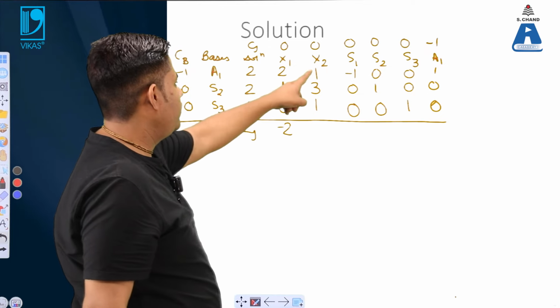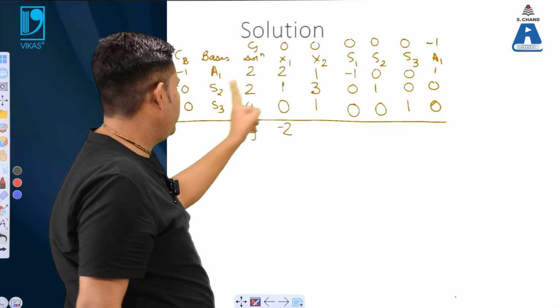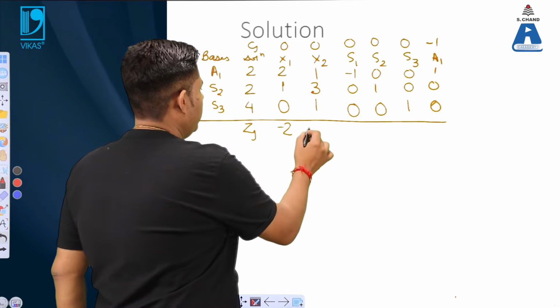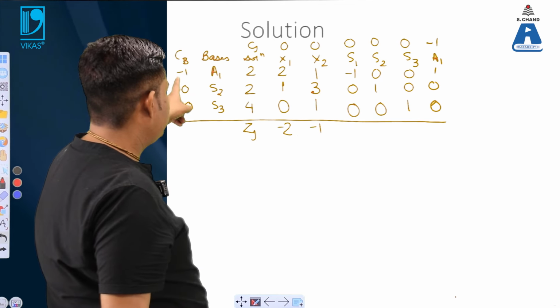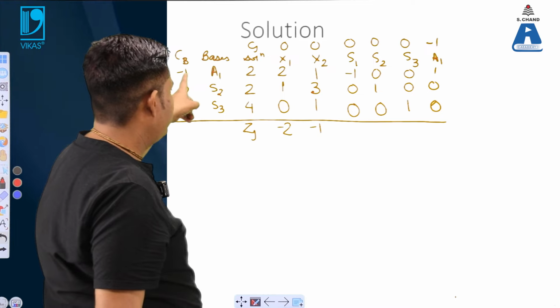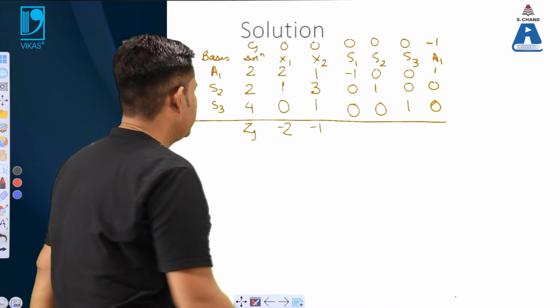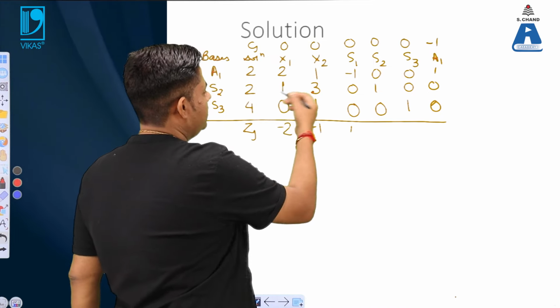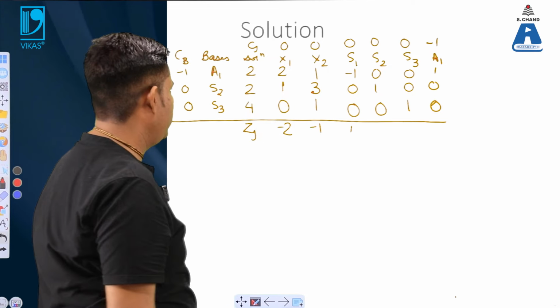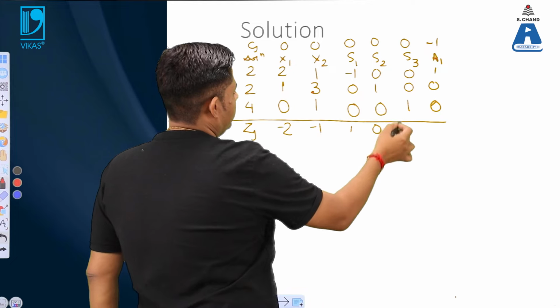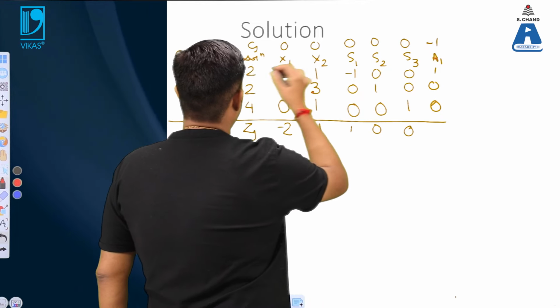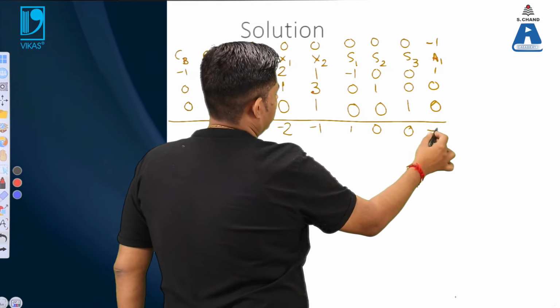Then minus 1 into 1 plus 0 into 3 plus 0 into 0. So you'll have minus 1 here again. So in the next set, you have minus 1 into minus 1, which is plus 1, because all the other elements are 0, so I am not adding those zeros here. The next is 0 into 0, which is 0. Then for the next, it is again 0. For the a1 part, you have minus 1.